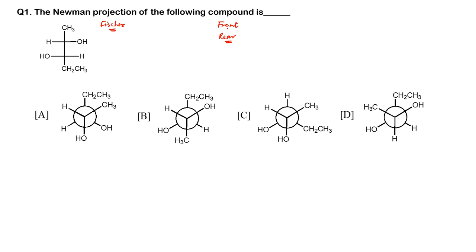That is what we first need to take care of, these two things, the front and the rear carbon. And the second thing is we need to assign the numbering to the chiral centers.